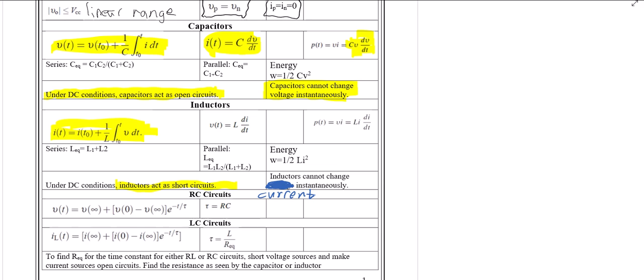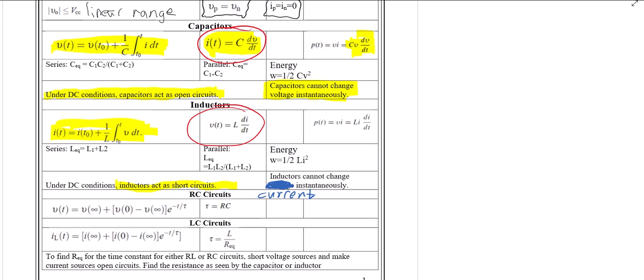You have to find for a capacitor, the voltage at infinity and the voltage at 0, and for an inductor, the current at infinity and the current at 0. And if you can find those and the time constant, then you can just use this to find a formula. And then if you need to find the other one, you can use the relationships up here to find the one that you don't have.